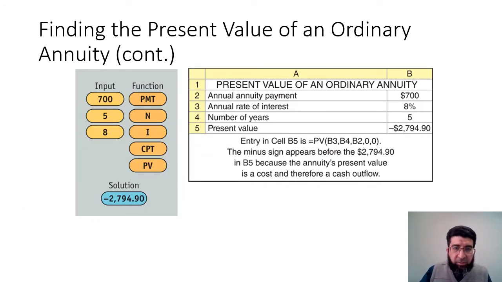When using a calculator, we will use the PMT function, which is annuity or cash flow. It's an annuity because in the calculator there is another button for cash flow, so I don't want you to mix that with this PMT. Then we have N equal to 5, I equal to 8, compute, and you can press the present value, which will give you the same results.